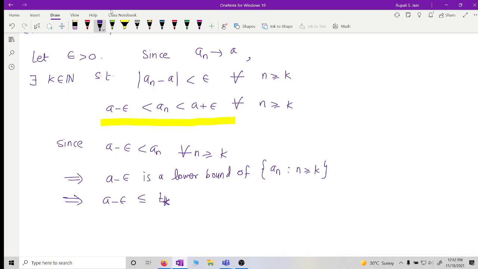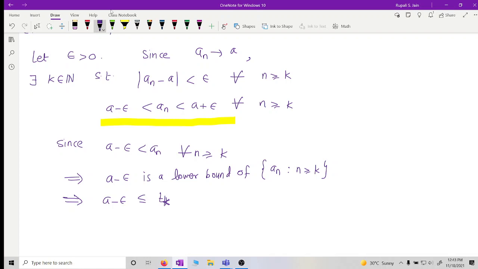Because what is t_k? t_k is nothing but the infimum. The infimum must be greater than or equal to any lower bound of that tail, right? So A minus epsilon must be less than or equal to the greatest lower bound of the tail, and the greatest lower bound is nothing but t_k.